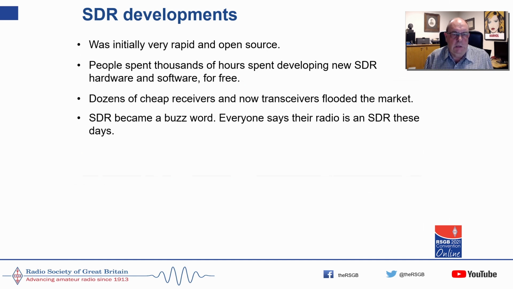You can make a software-defined transmitter and it's fine, but it's no better generally than a conventional one, whereas there were huge advantages in making the receiver software-defined. It all became so popular, the SDRs became a bit of a buzzword, and everybody says their radio is a software-defined radio these days, and not all of them are, and some of them are hardly software defined at all.